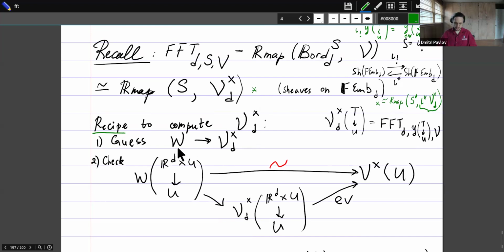And what you do is you guess some map from W to V cross D, which you expect to be a weak equivalence, but you don't have to show it's a weak equivalence yet. So instead, you only have to write down some map.